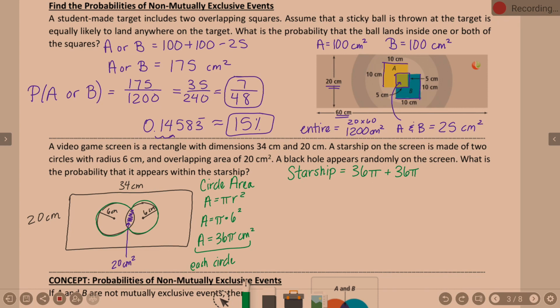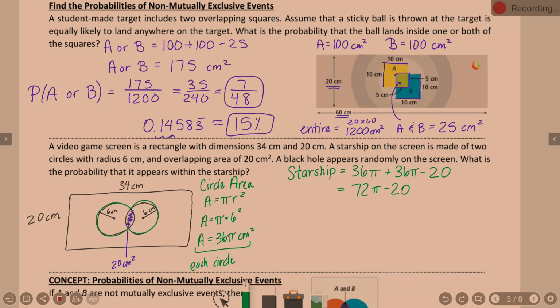And then we only count that centerpiece once, and there's an overlap area of 20, yes? So minus 20. Well, I know pi is a number, and your brains just automatically think pi is a number, but treat it like a variable for the moment. What is 36 pi plus 36 pi? 72 pi minus 20.